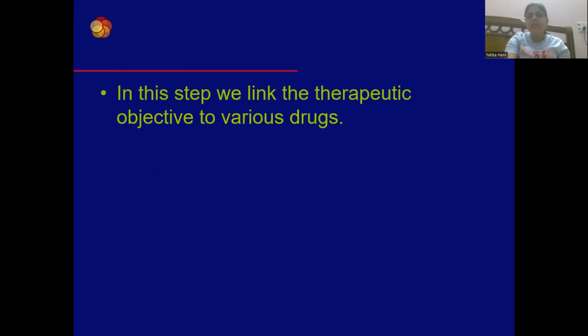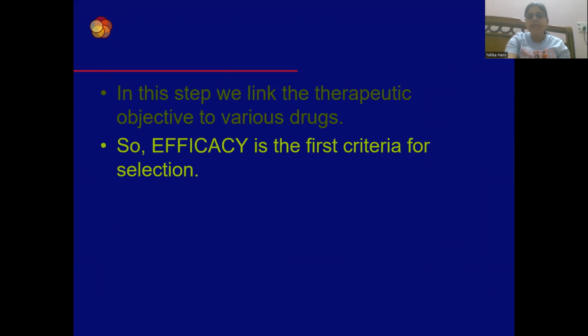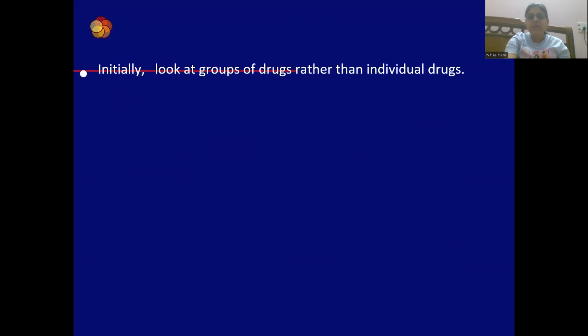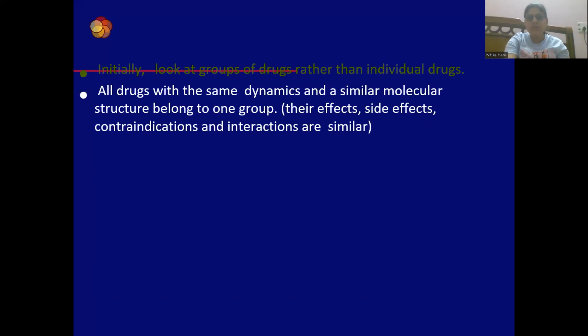In this step, we link the therapeutic objective to various drugs. Efficacy is the first criterion for selection. Initially, look at groups of drugs rather than individual drugs, because we have to look at the group of drugs. All drugs with the same dynamics, that is pharmacodynamics, and a similar molecular structure belong to one group.